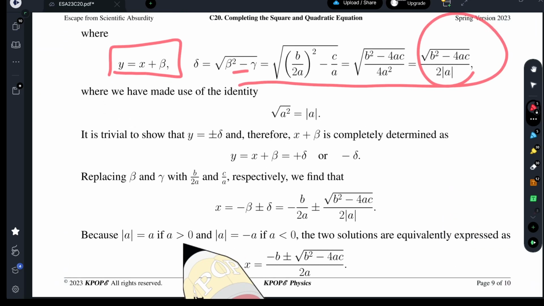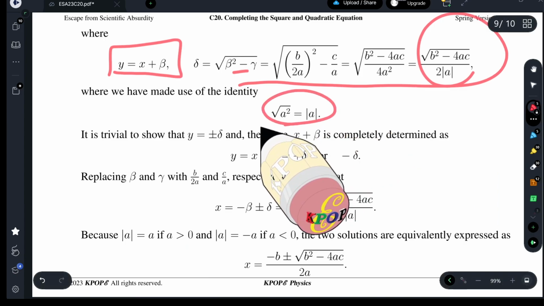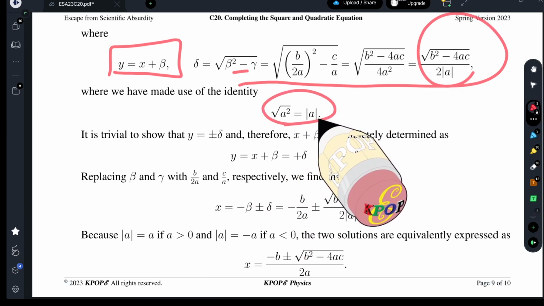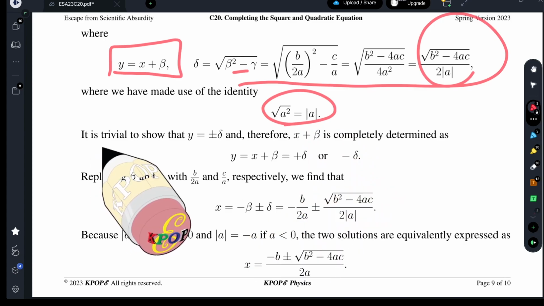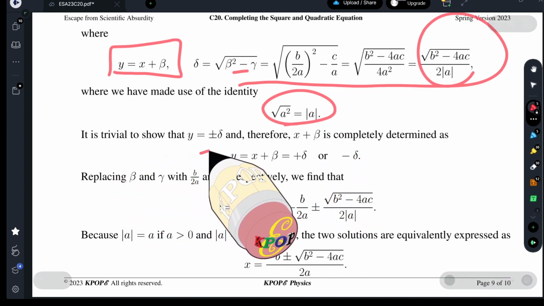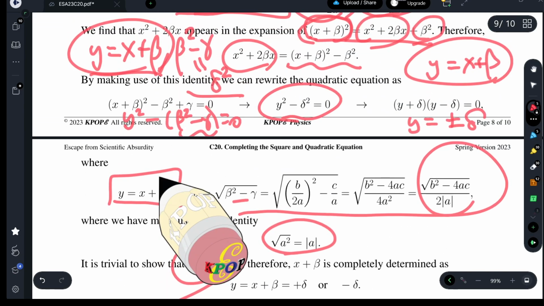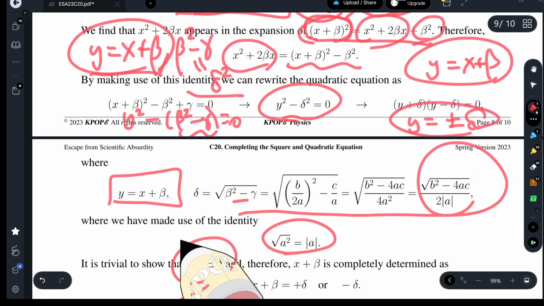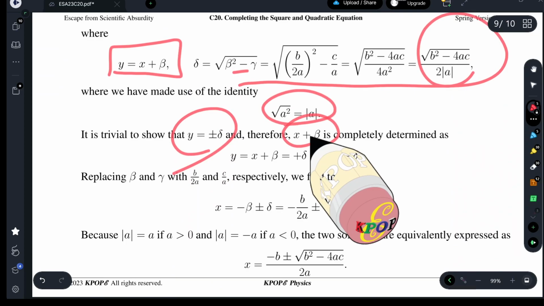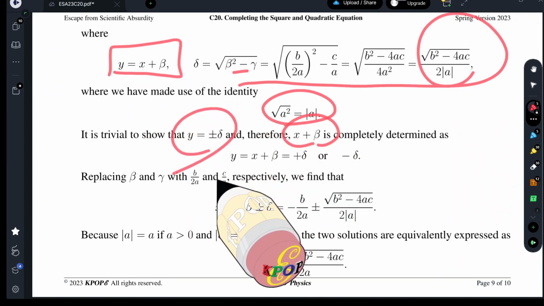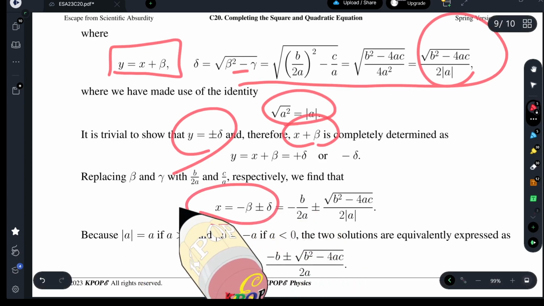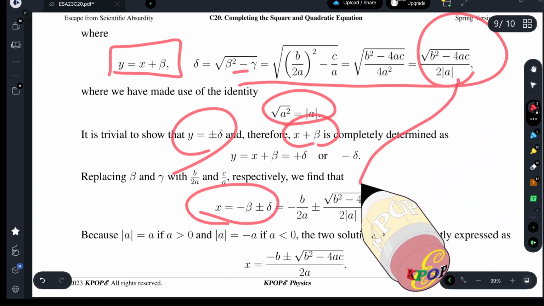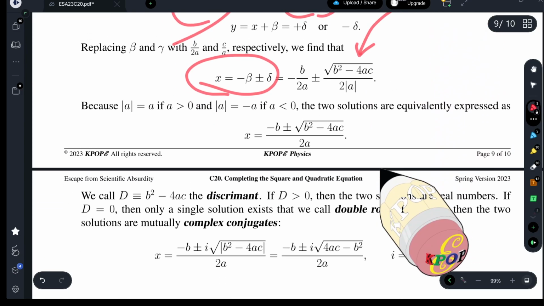Okay, the square root of a squared is identical to the absolute value of a when a is a real number. It is trivial to show that y equals plus minus delta, which we have already shown, and we have the definition y equals x plus beta. Therefore, the solution of x is minus beta plus minus delta, and plus minus delta is available here.